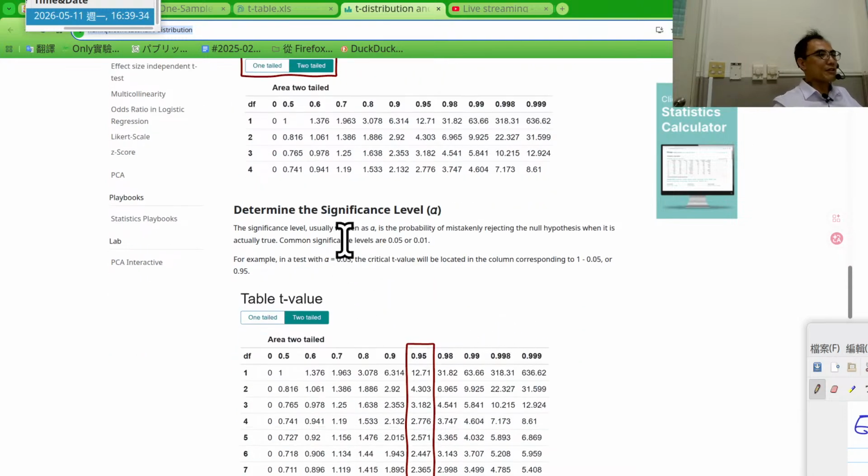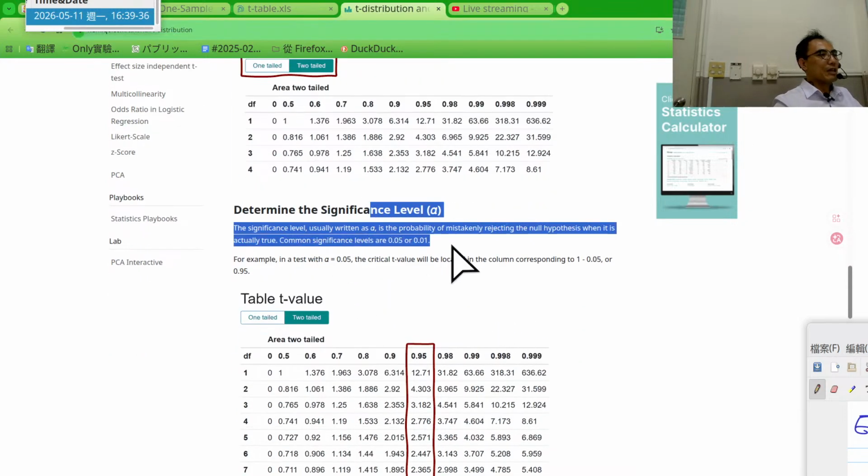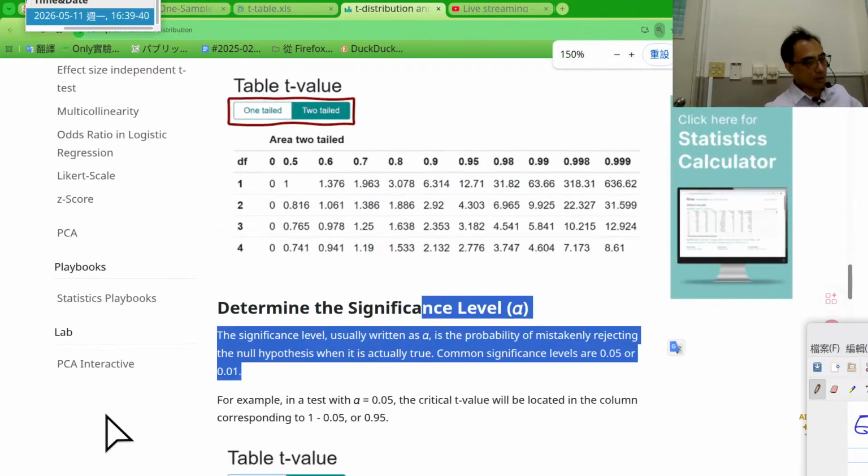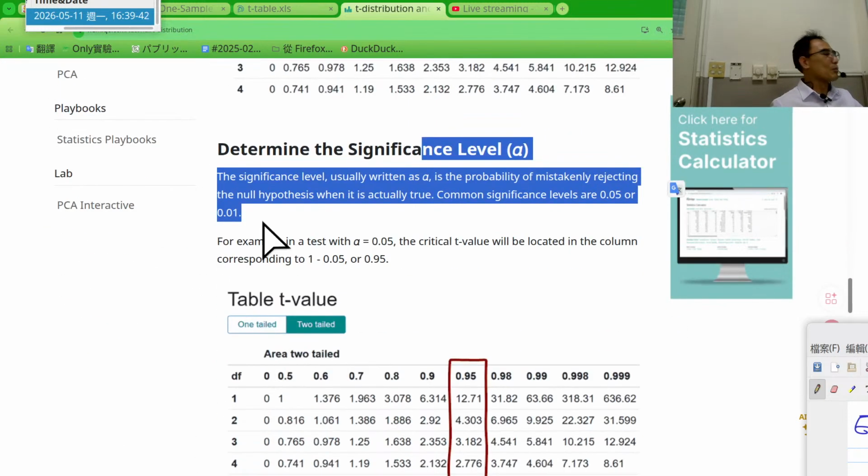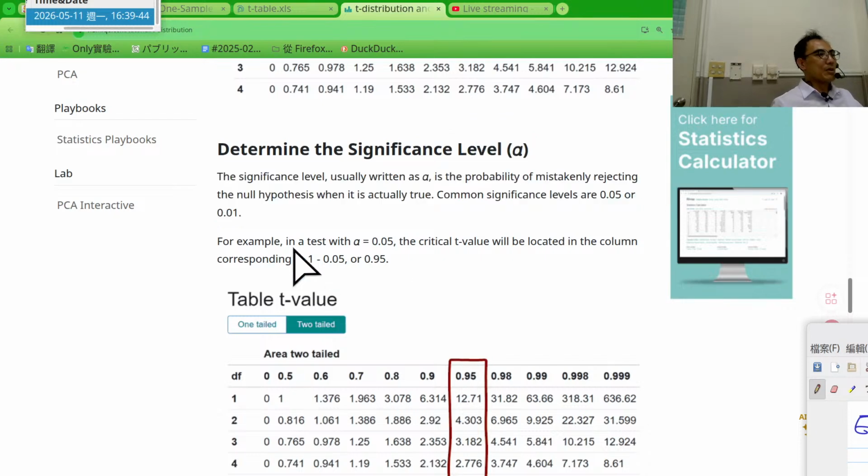First of all, define the level. Generally it should be 0.1, 0.05 or 0.01. For example, generally we set 0.05. It means the probability is 5%. If the probability is lower than 5%, we think it's unusual.